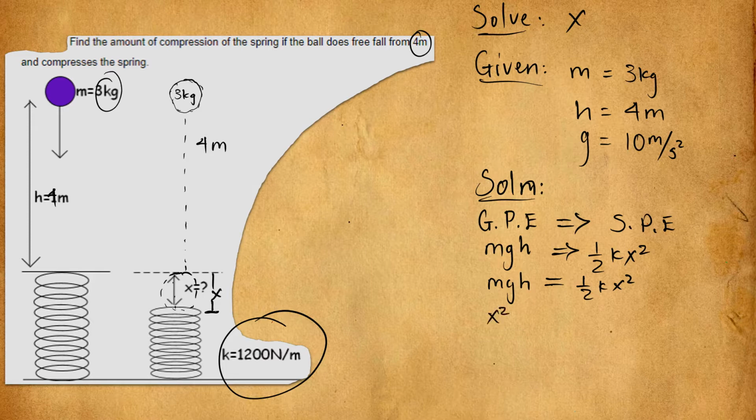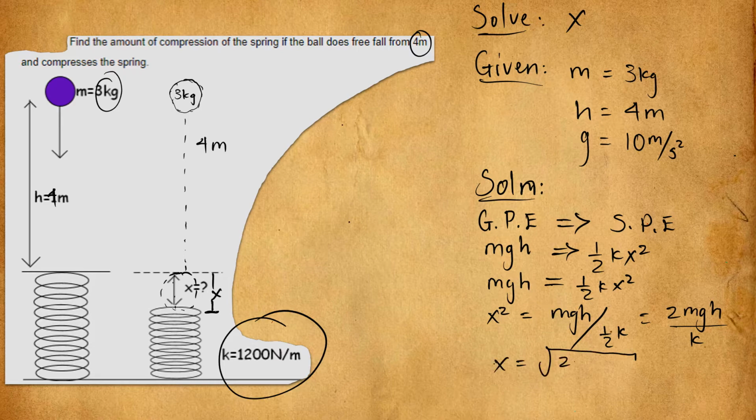So x squared is equal to, I'm just gonna divide by half k, so it will be mgh divided by half k. So I just brought this half k to the other side, so this will be 2mgh divided by k. Therefore x by itself is equal to the square root of 2mgh divided by k.